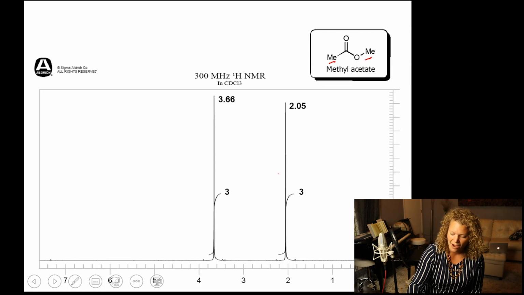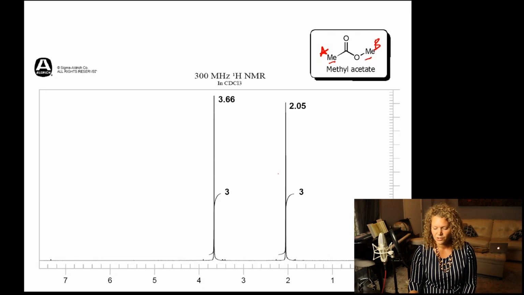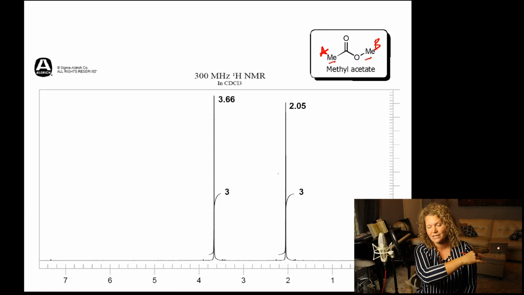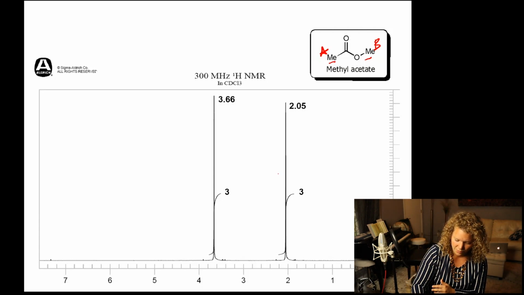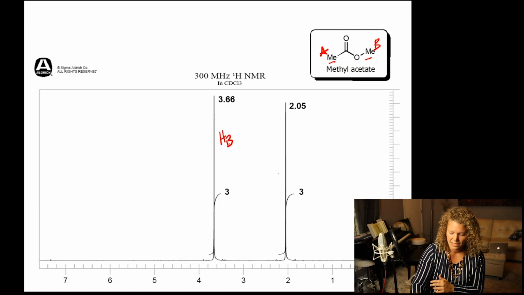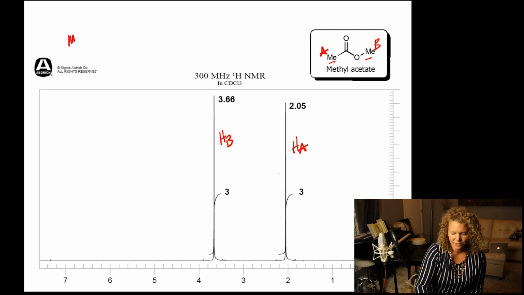So in this case, let's label the methyl here A, and the hydrogens here B. Our OMe group we know is shifted the most downfield, so this will be HB. This will be HA. Let's look at this just with resonance as well.